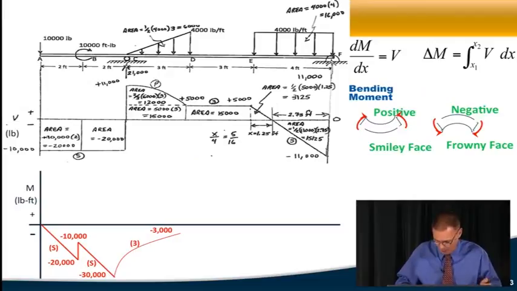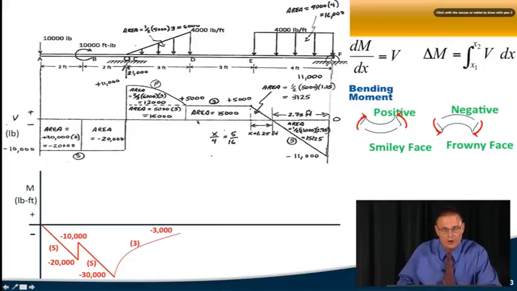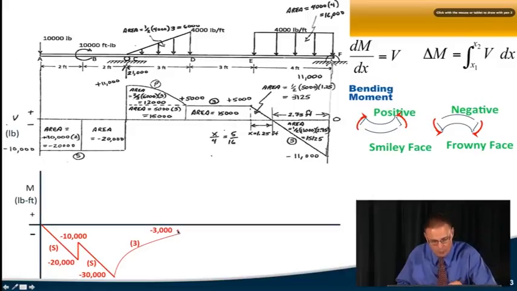And so at this point D, we're now looking at the change in the moment between point D and point E. That's equal to the area under the shear curve. The area under this rectangular portion of the shear curve is positive 15,000. And so we're going to go from a value of minus 3,000 up to a value of 12,000.